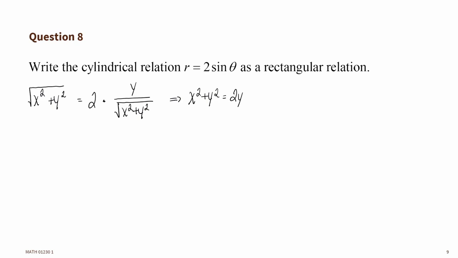x squared plus y squared is then 2y. We're going to keep going to see if we can identify the curve. Subtract 2y from both sides. What do you think we're going to be doing now?